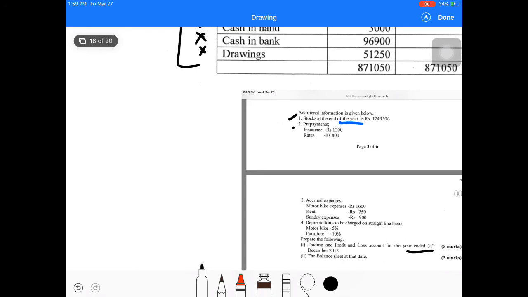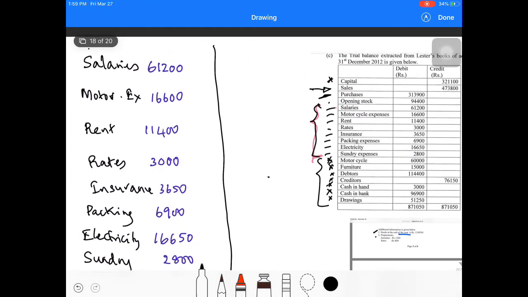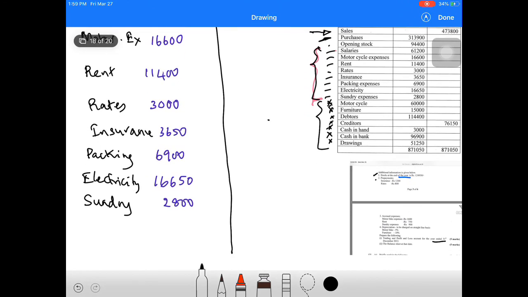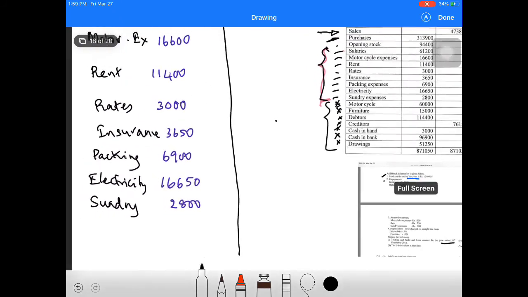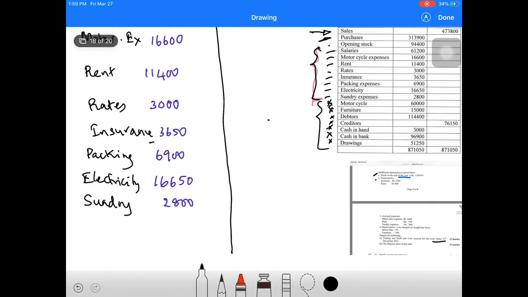That means we have paid insurance 1,200 already. Insurance value is 3,650. We should not pay all this amount because we have already paid 1,200. So we can subtract 1,200, right, and find out the cost for insurance as 2,450.